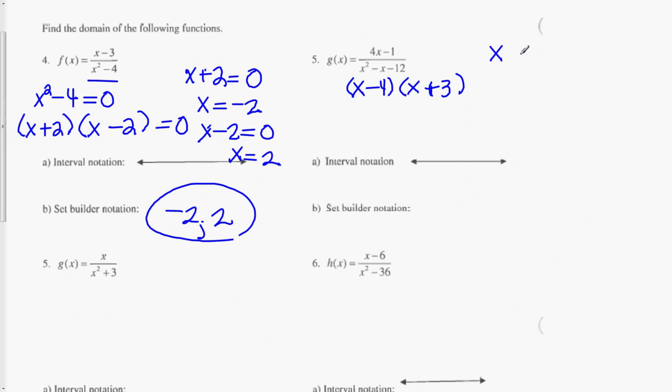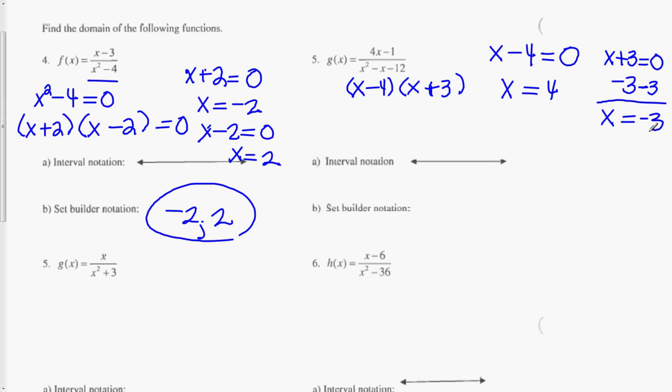But how we get that is we take x minus 4, set it equal to 0, add 4 to both sides, so you get 4 for an answer. x plus 3 equals 0. Subtract your 3. I'm not always showing this step. I need y'all to let me know when we have a question and answer session about whether or not skipping steps is okay with you. So there we go, 4 and -3 for that one.